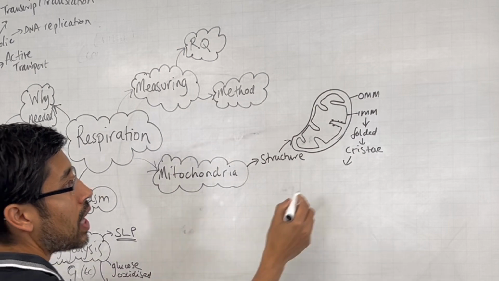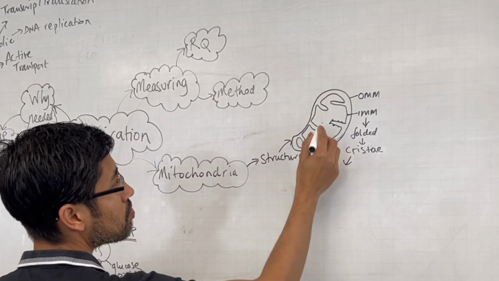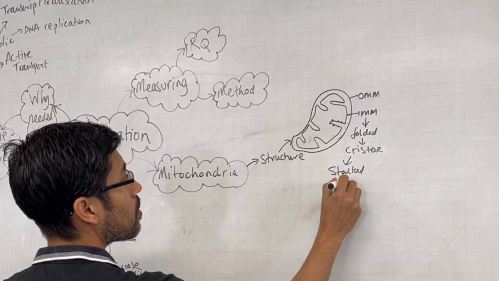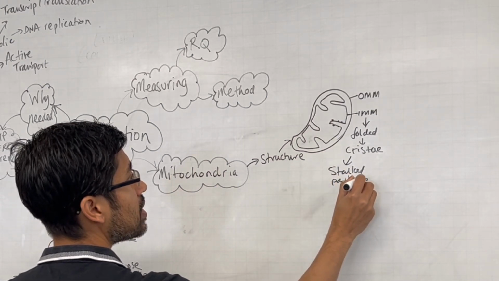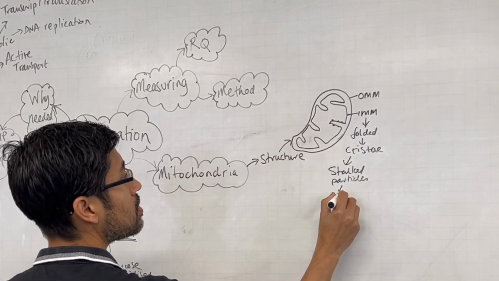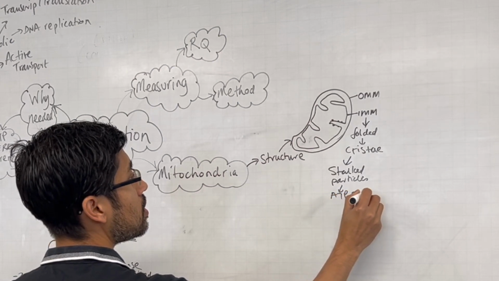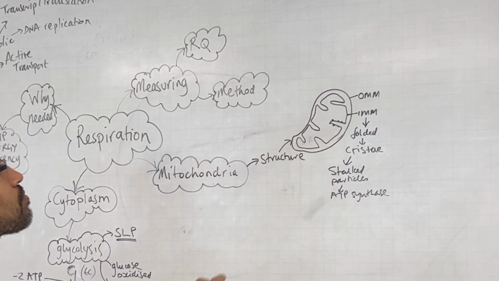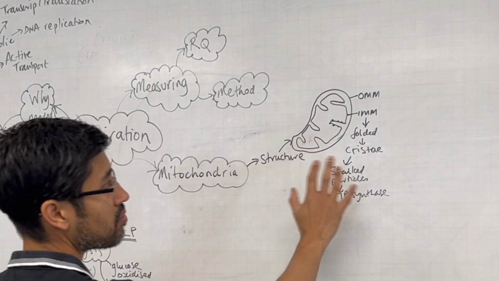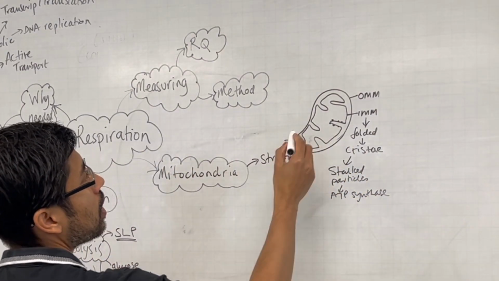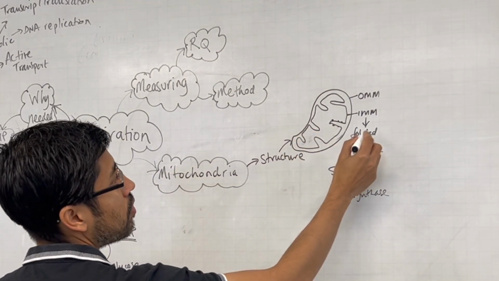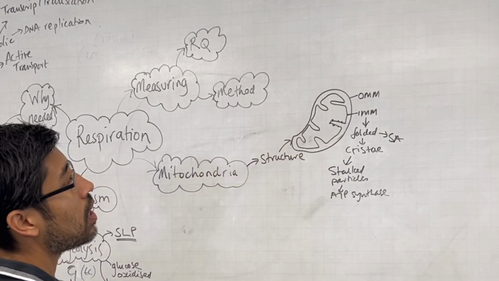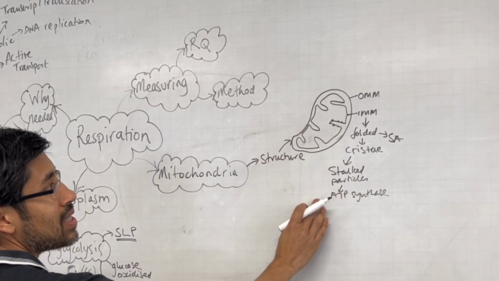The cristae have stalked particles, so you can observe that they have these little bumps on them. Those stalked particles are essentially ATP synthase. We're going to visit them anyway, don't worry about that. So the fold is important for surface area. The stalked particles are the ATP synthase.